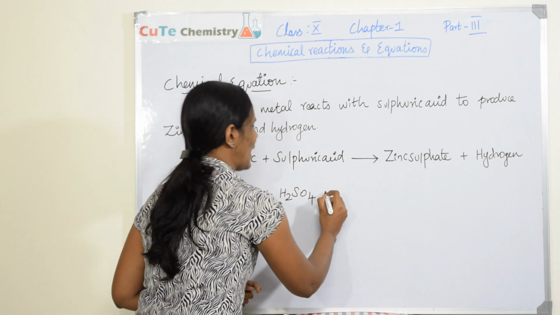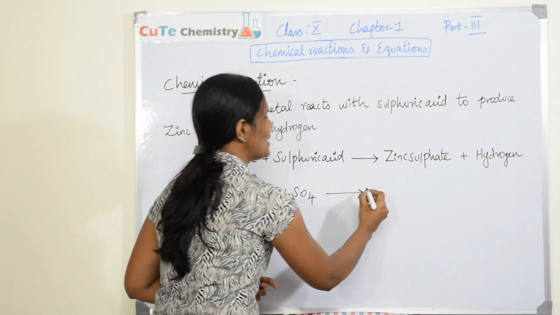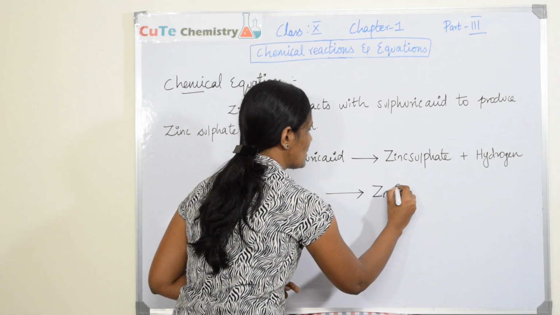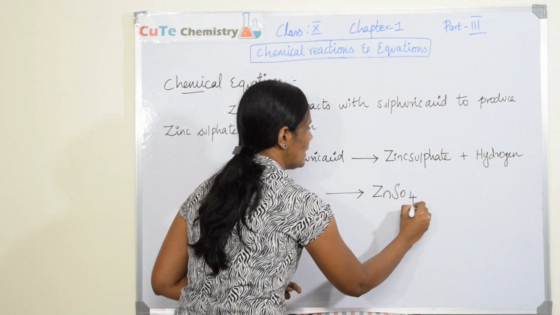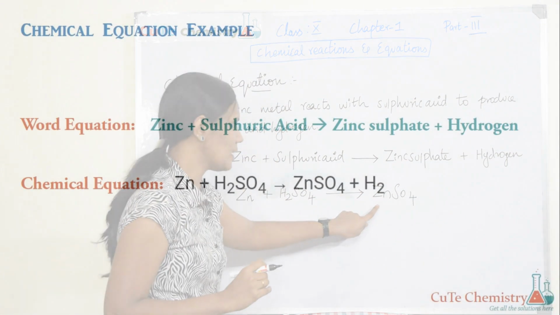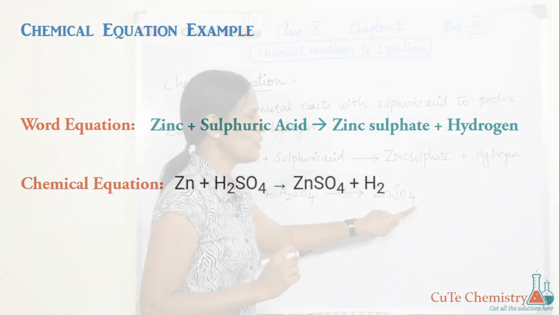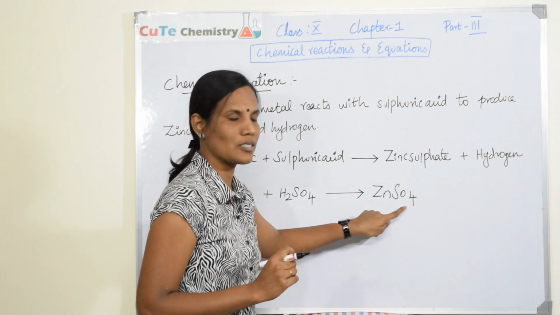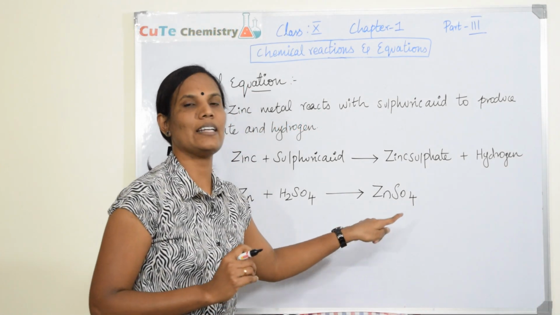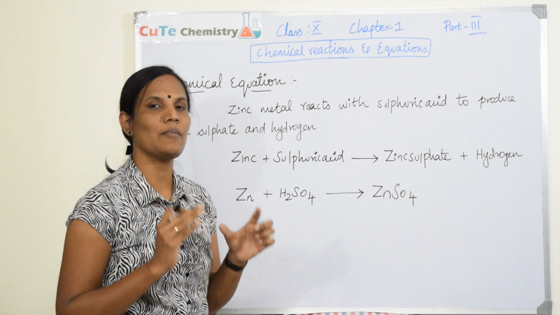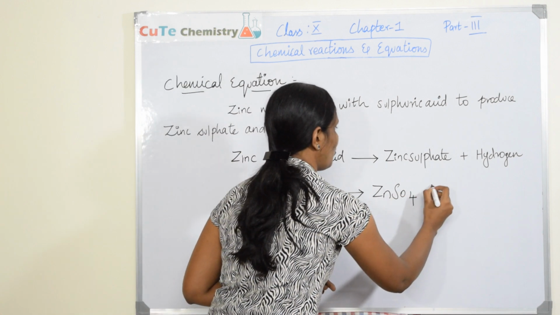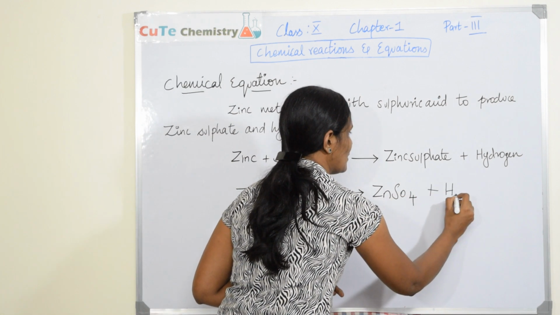When these two react together, we will get zinc sulfate. So the formula for zinc sulfate is ZnSO4. The symbol for zinc is Zn, sulfate is SO4, sulfur and 4 atoms of oxygen. So the formula is ZnSO4, zinc sulfate molecule, and along with that we are getting hydrogen also.